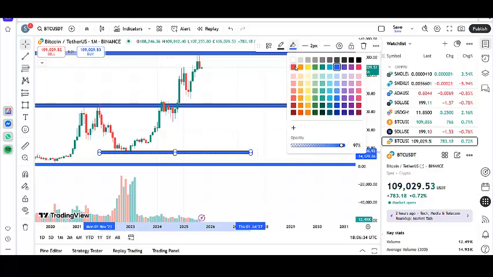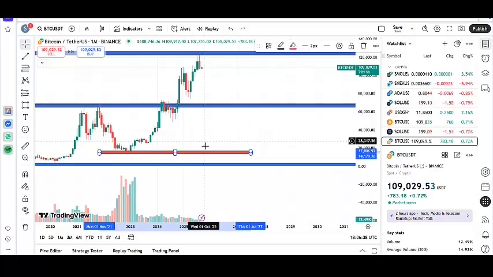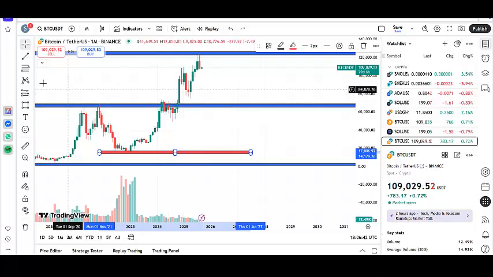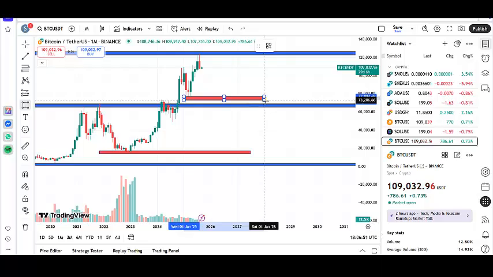The 1 month time frame, let me do it red. So we are seeing here consolidation on the 1 month time frame. This is also a support region on the 1 month time frame.